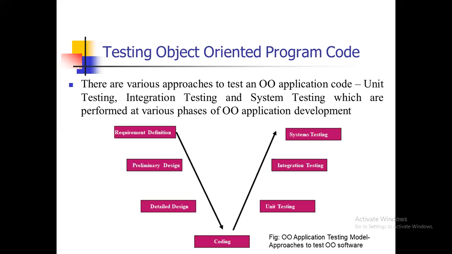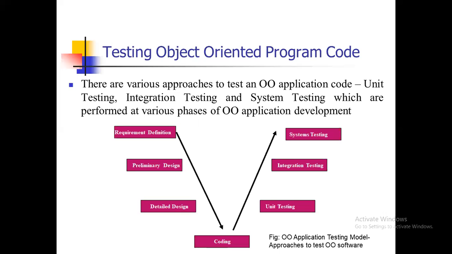Unit testing means we are going to test the classes of the software or product. Then integration testing, we are going to test all the modules one by one. Then system testing means we test using the use cases. We are going to test the use cases for the system.